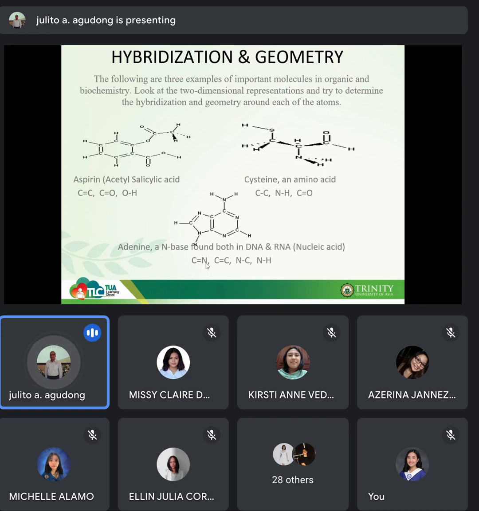What about the C double bond C? Where is your C double bond C? There is your C double bond C. What is the shape or geometry? First, before I identify the geometry, what would be the hybrid for the carbon? From the hybrid of the carbon, you'll be able to identify its geometry.